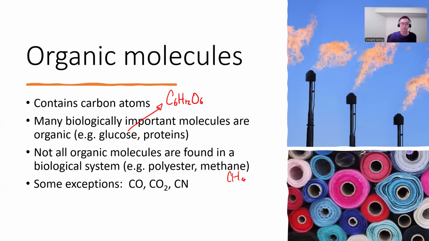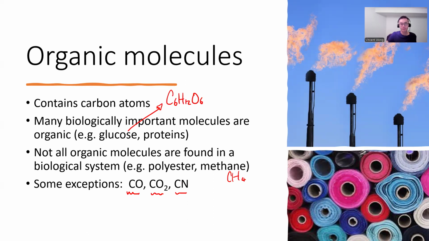It contains carbon. Now, there are some exceptions. The people who came up with these rules, they're like, okay, let's confuse people. Carbon monoxide, CO, carbon dioxide, and cyanide. These three things, even though they have carbon atoms in them, are by definition not organic.